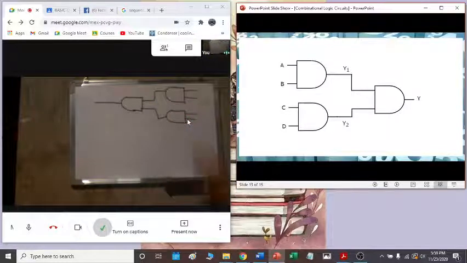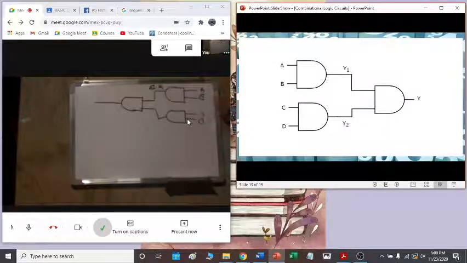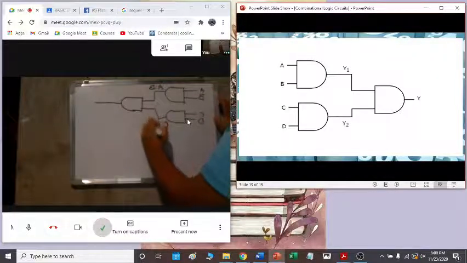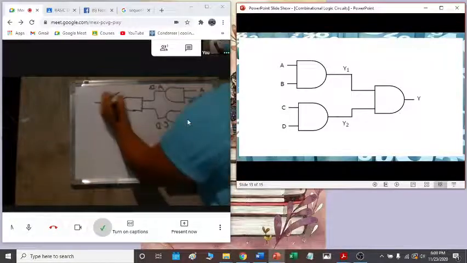So for example, the first variable or first leg is A, then B, C, and D. Since these are AND gates, the Boolean expression is multiplication, so A times B, and the other AND gate is C times D, which has an output of Y.